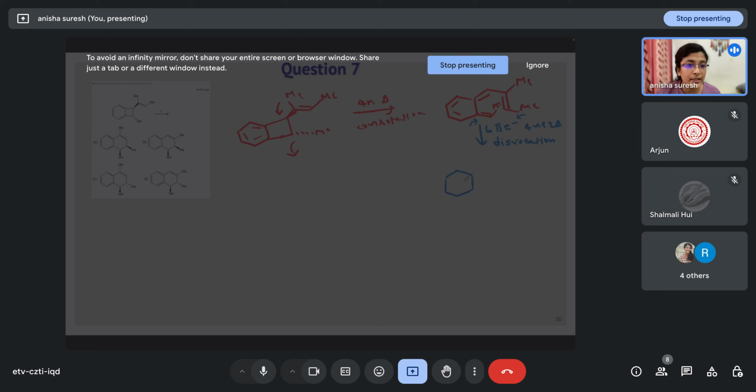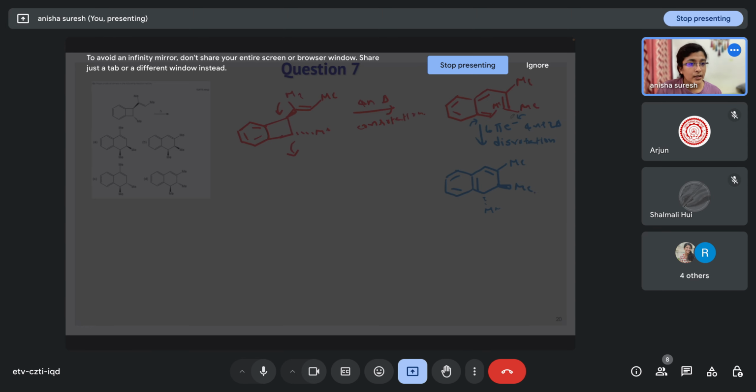So the final product that will be forming, methyl, so this which is inside will go downside, so it can be like alpha, and this methyl which is outside will go above the plane if we are rotating, so it will be like this.